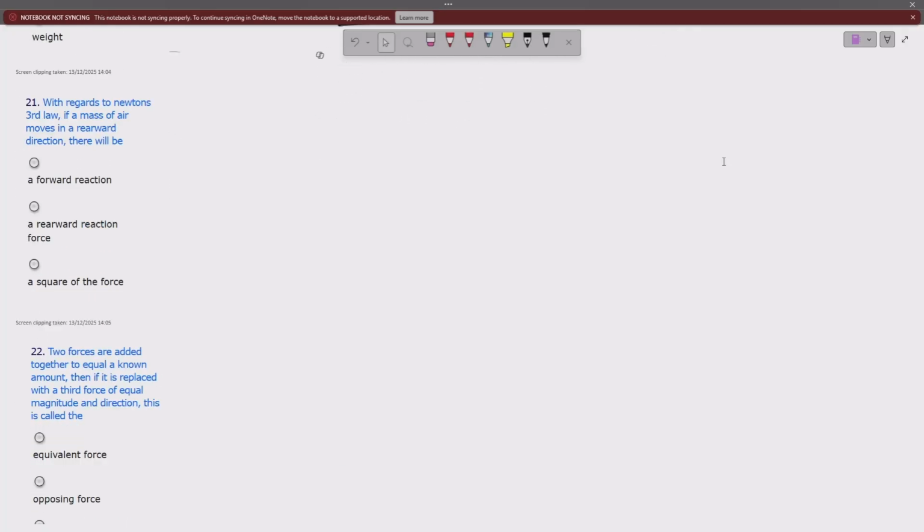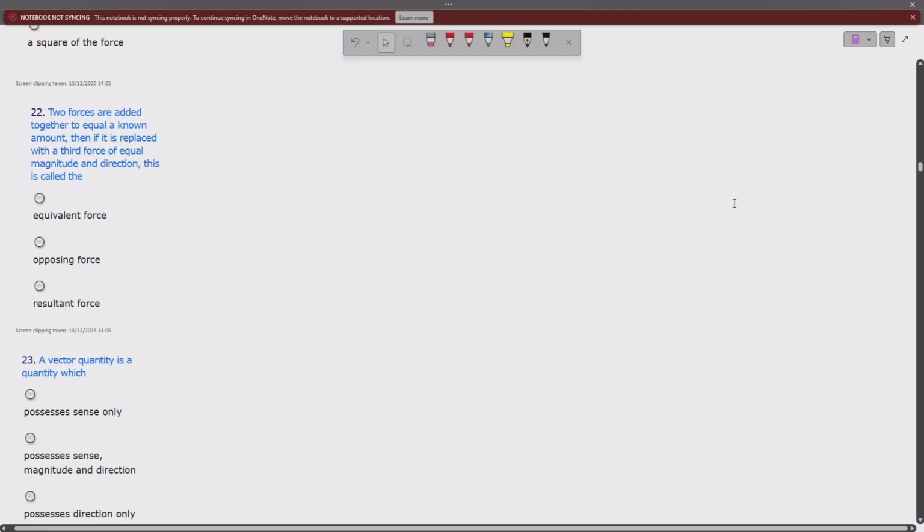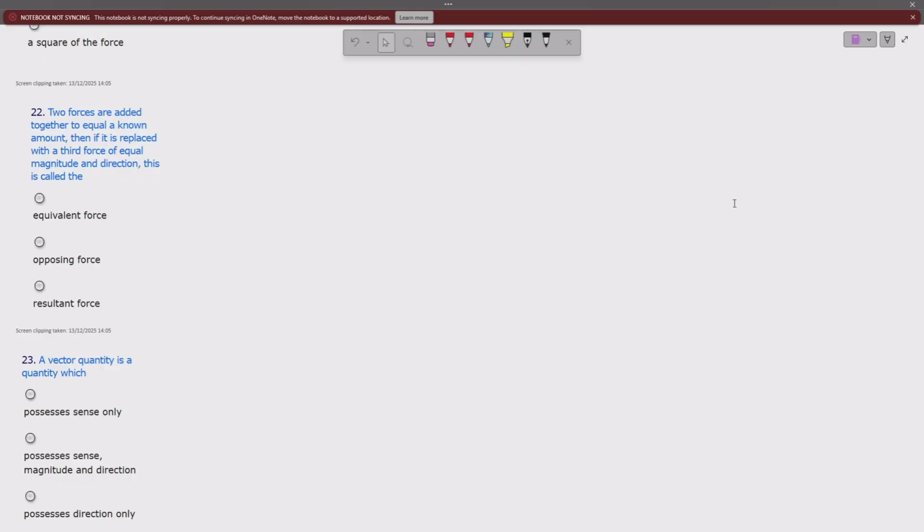With regards to Newton's third law, if a mass of air moves in a rearward direction, there will be a forward reaction. 22. Two forces are added together to equal a known amount.